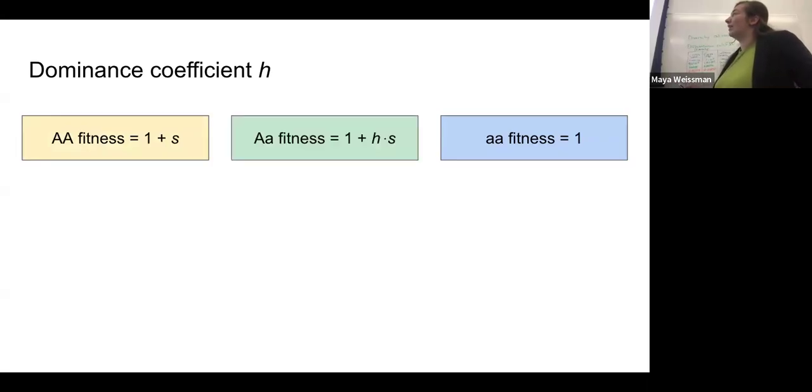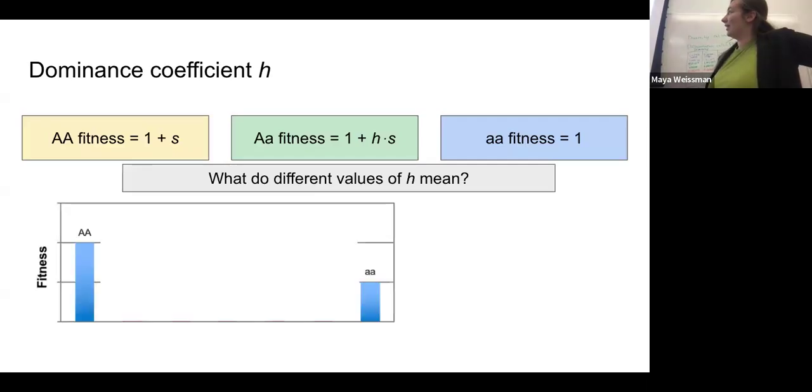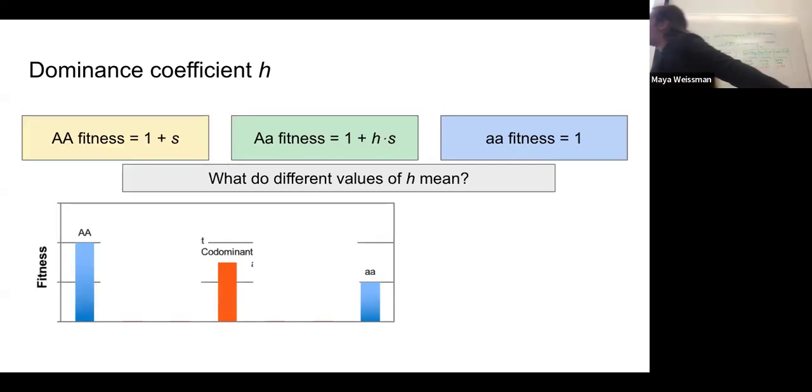The dominance coefficient mathematically scales how much of the selection coefficient we actually get to see. So different values of H might look like this. If H is exactly equal to a half, they're considered codominant because the fitness of the heterozygote is exactly the mean.